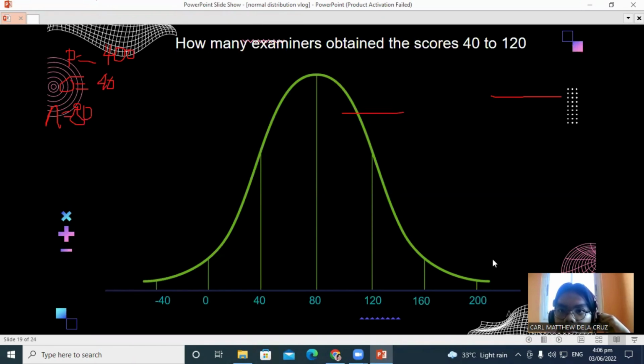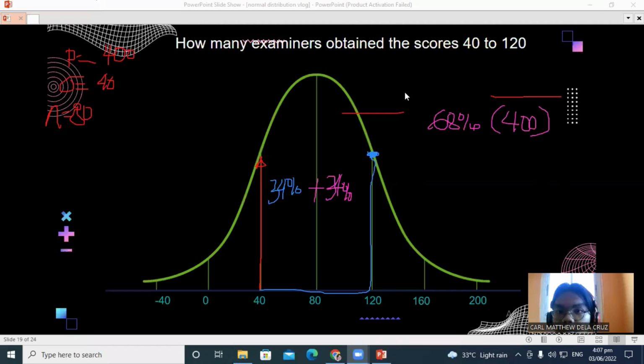So how many examinees obtained 40 to 120 score? Okay. So this red line there corresponds to the starting line. So 40 is our starting line. The blue line travels from 40, 80 to 120, to the limitation, which is the blue point there.